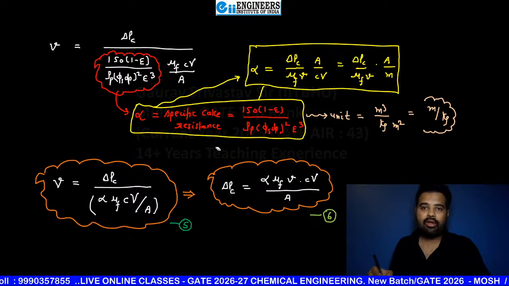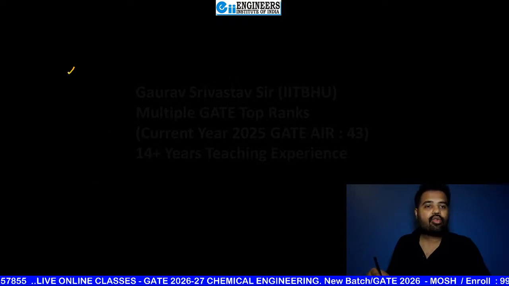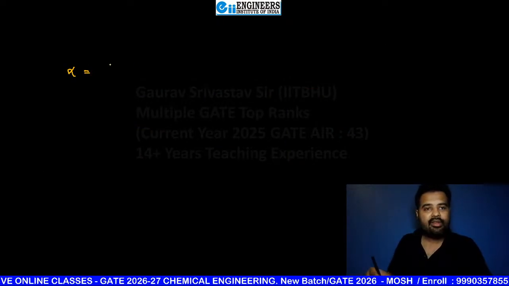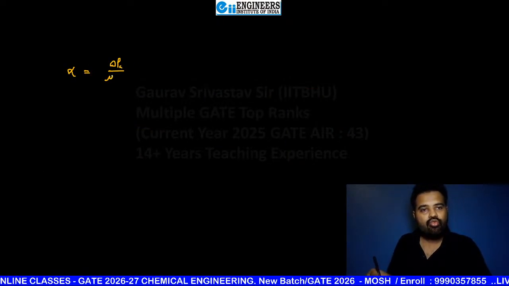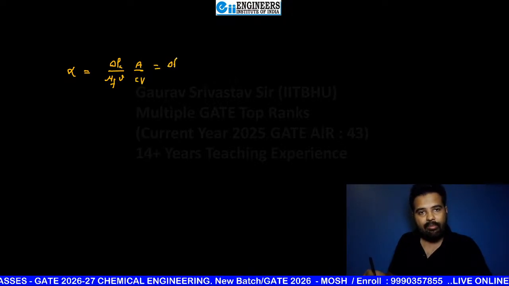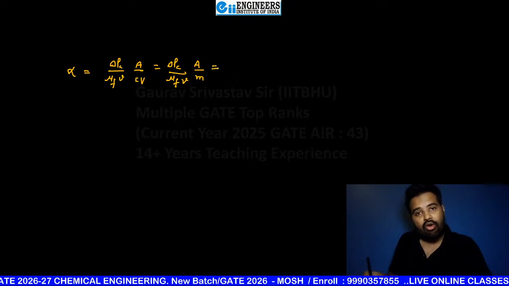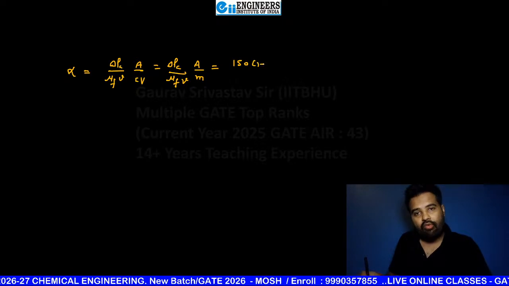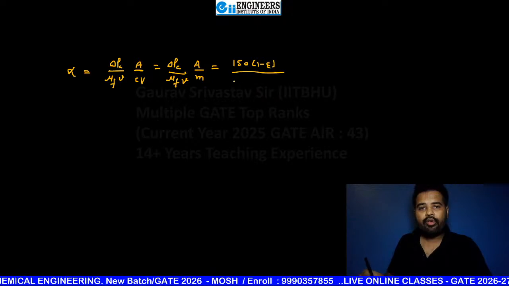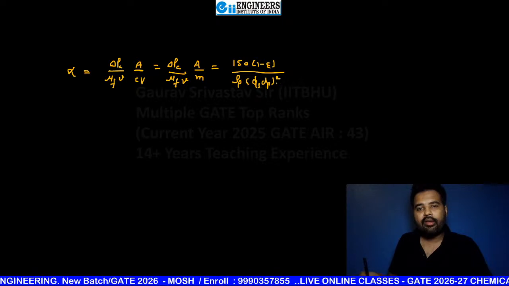एक काम करो, यहाँ मत लिखो, अगले पेज पे फिर से देख लो. So alpha, either you can calculate simply as delta PC by mu V, A by Cv, or 150 into (1 minus epsilon) upon rho p, phi s dp square epsilon cube.